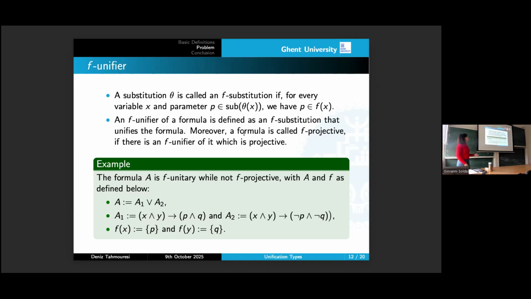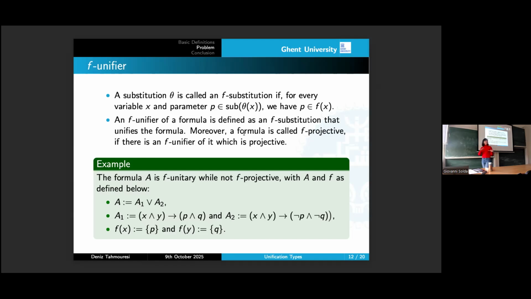As before, we can also say something is F projective if it is an F unifier and has projectivity as well. An interesting result here is that in this context a formula can be F unitary but not F projective. The F unifiers that we are going to see are unitary, but they are not projective.